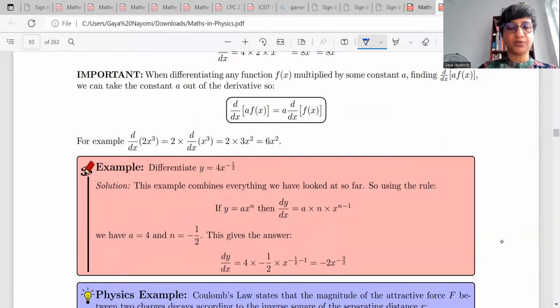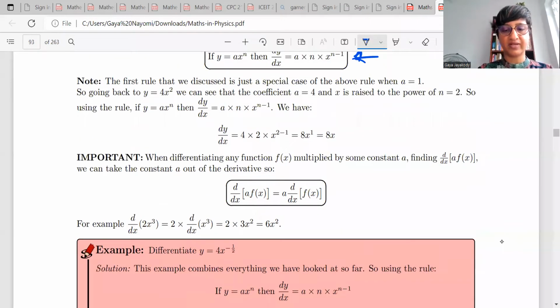Okay, now let me cover it. What's the derivative of this? I differentiate y equals 4x to the power of minus half. What do you get? What's the derivative of that?